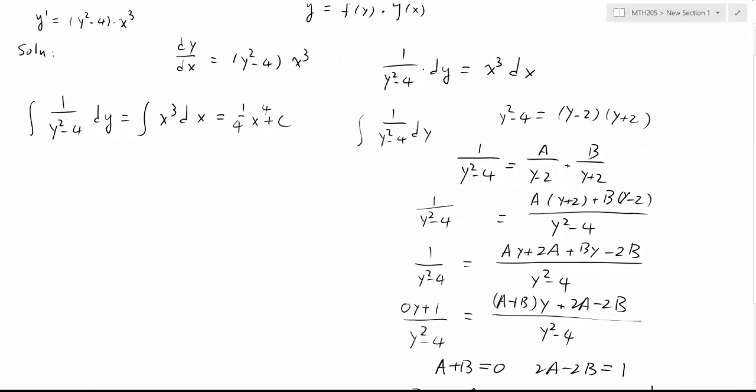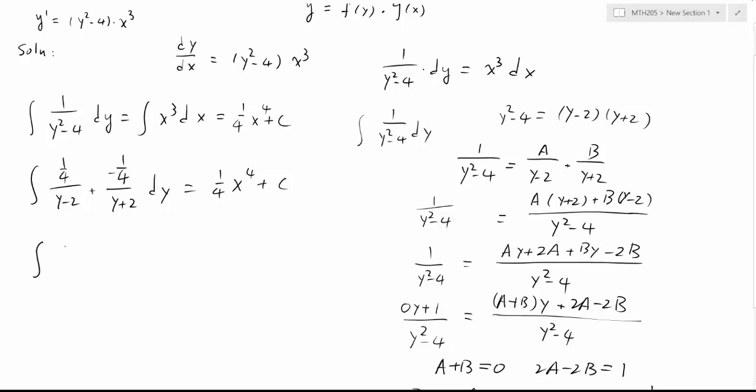So now we have on the left-hand side 1/4 over (y minus 2) plus negative 1/4 over (y plus 2), dy is equal to 1/4 x to the 4th plus c. We can simplify this a little bit by multiplying both sides by 4 and integrating.